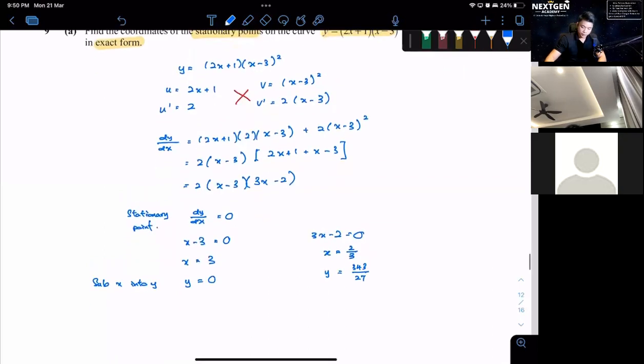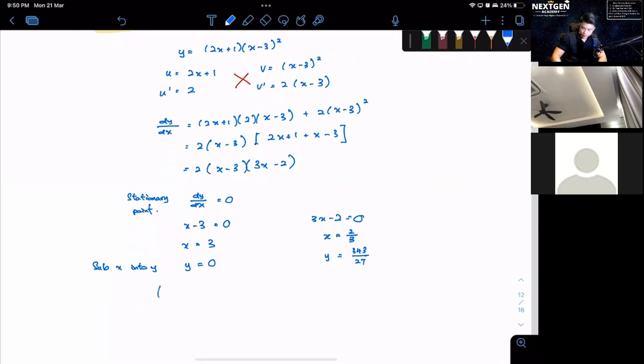Okay, so you all have to sub it back into the y in the question. We want to find the coordinates, so make sure you put it in coordinates form, and they want it in exact form. So don't go and change 2 over 3 and all these to decimal places. So 2 over 3, 343 over 27.